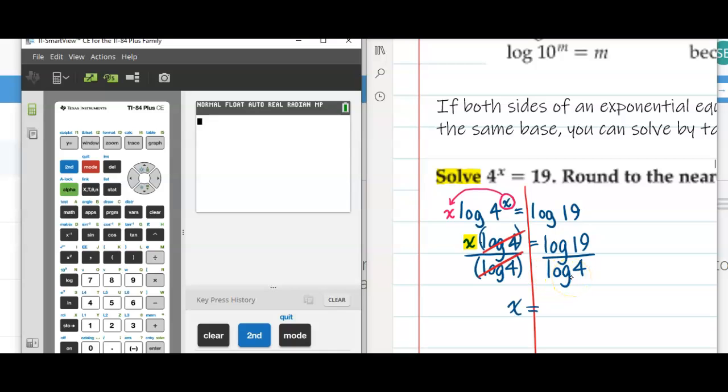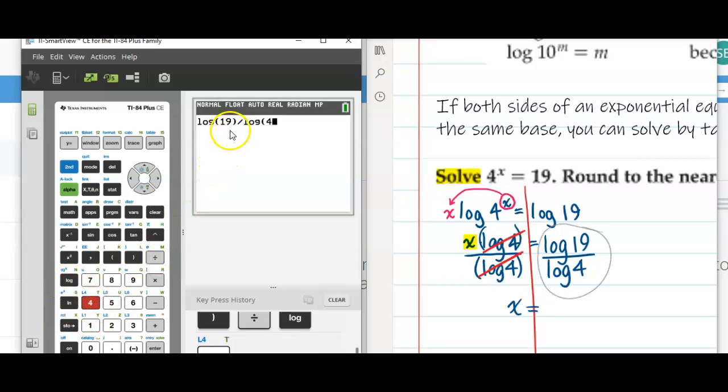I can type everything that's on the right into the calculator. I'm going to type log 19 divided by log 4. Notice I closed the parentheses before I divided. I went the log of 19 on the top and the log of 4 on the bottom.